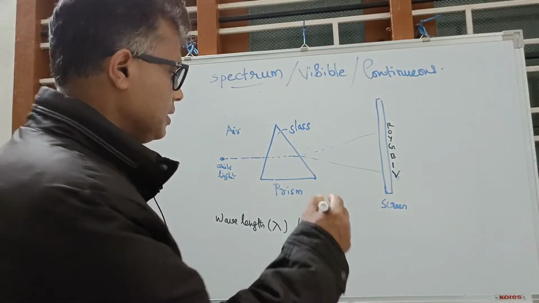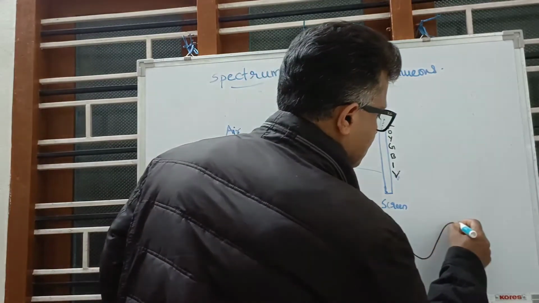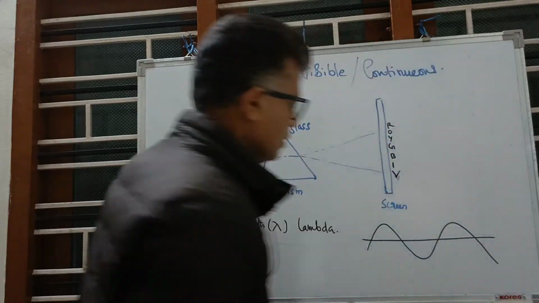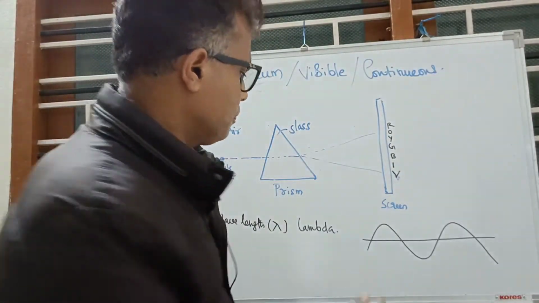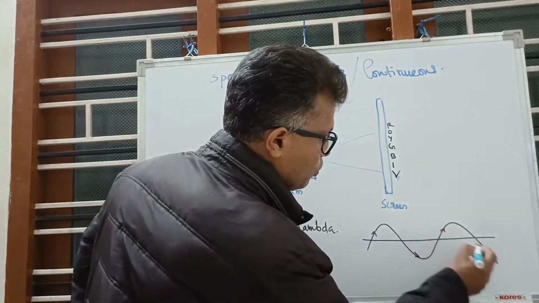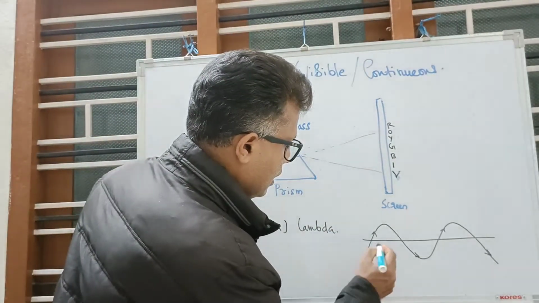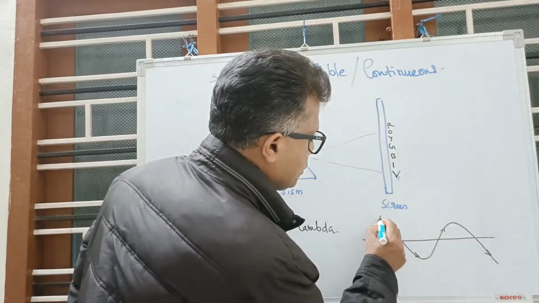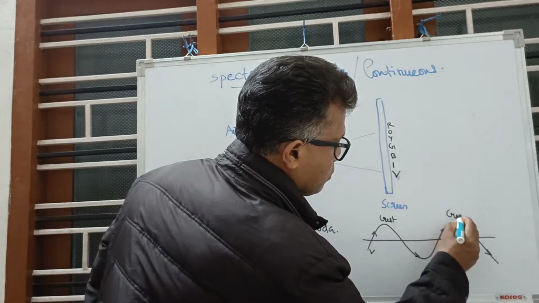So let's see what the wavelength is. This light is passing through like a wave. Now you see the wave is like this. This one is the violet. Another wave is passing. This one is called a crest.